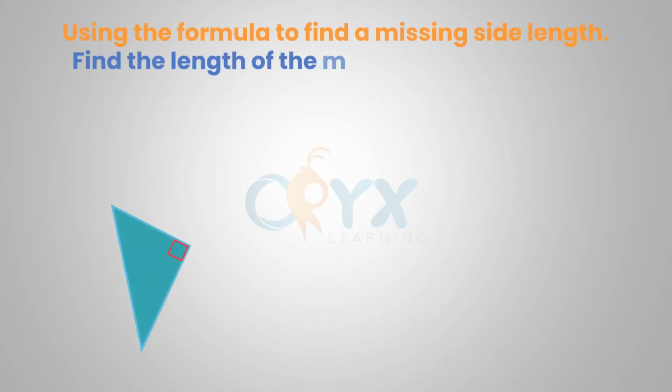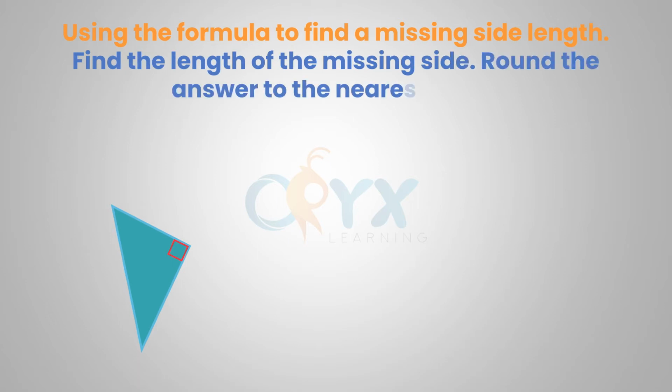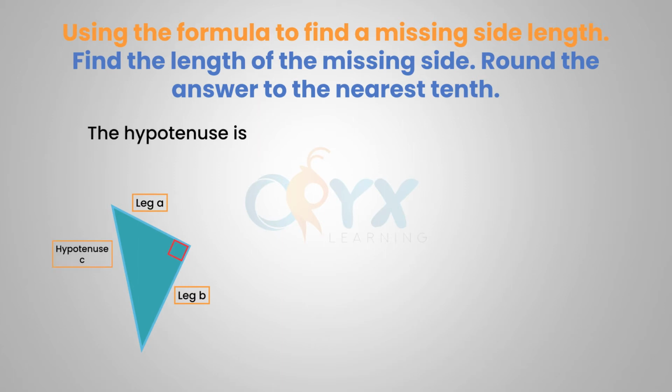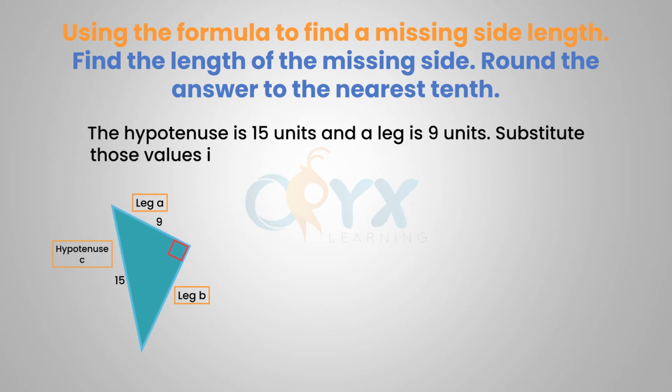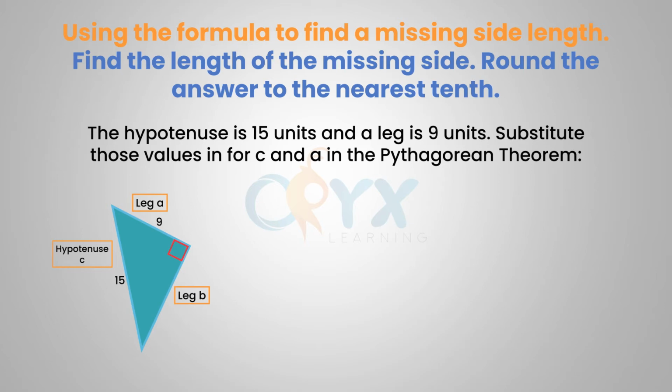Find the length of the missing side. Round the answer to the nearest tenth. As we can see in the diagram, the hypotenuse of the triangle is 15 units and a leg is 9 units. Substitute those values in for c and a in the Pythagorean theorem. Our Pythagorean theorem is a squared plus b squared equals c squared.